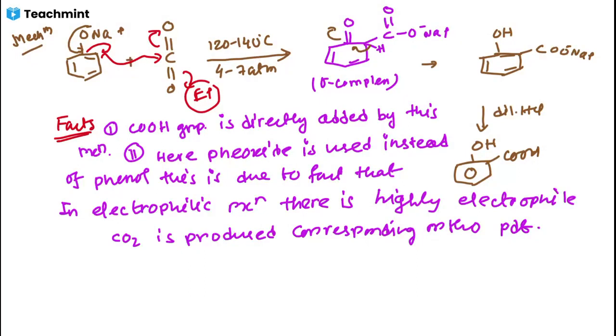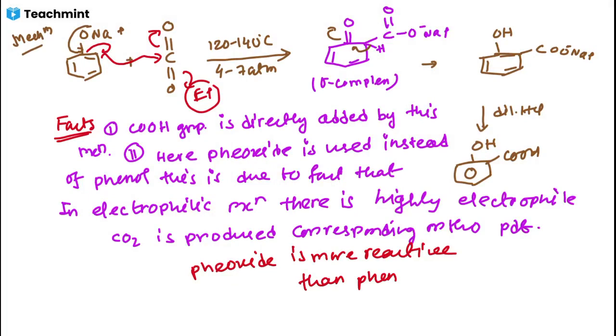Phenoxide is more reactive than phenol. That is why we use the phenoxide ion in the Kolbe-Schmitt reaction instead of phenol. Clear?